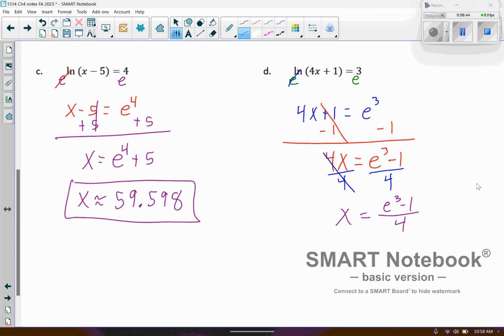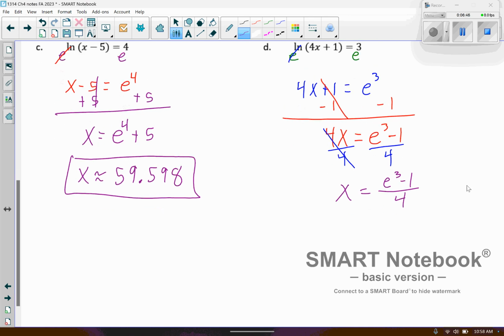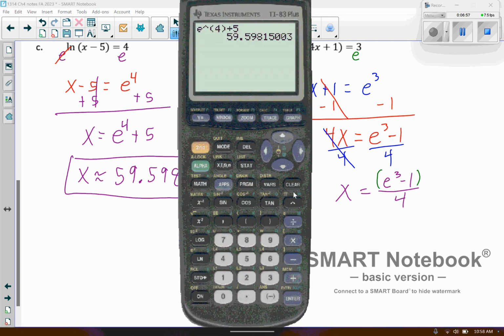Now this is important. When I put this in the calculator, I need to put the numerator in parentheses, or else my calculator will only divide the 1 by 4. But if I want to divide the whole thing by 4, when we put this in the calculator, I need to start with a parentheses and then e to the power of 3, close that parentheses for my exponent, then put a minus 1, then close that original parentheses that I opened at the beginning, and then divide by 4.